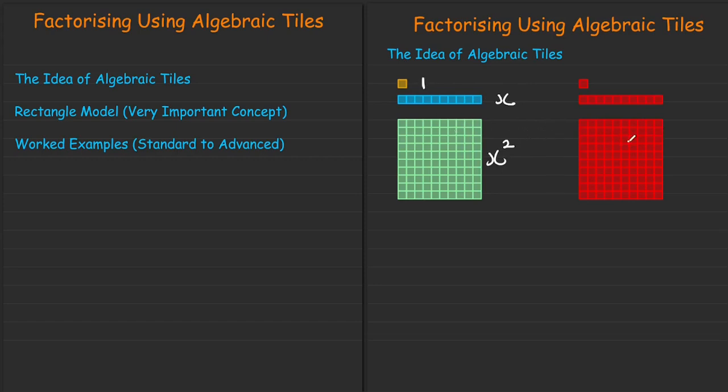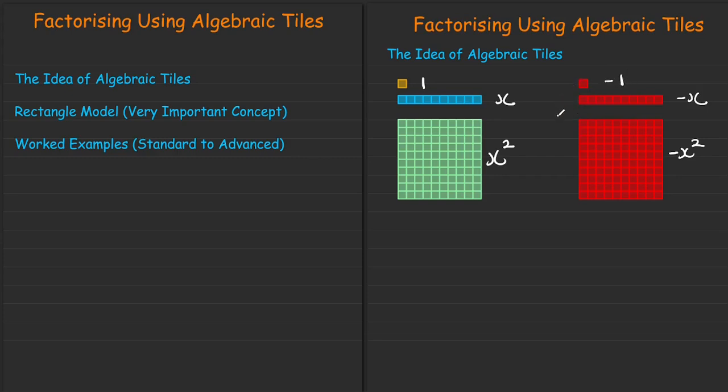The color difference tells you whether it is negative or positive. If it is red, then it is a negative x squared. If the rectangle is red, that is a negative x. And if it is very small and red, that becomes a negative 1.